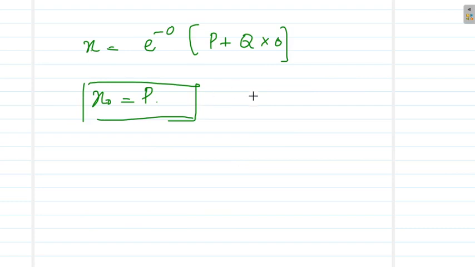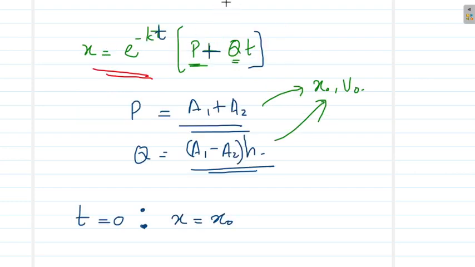So, from this expression, it is clear that the value of p is simply x0, which is the initial position of the system. Now, to find the value of q, we will have to take the differential of this expression.